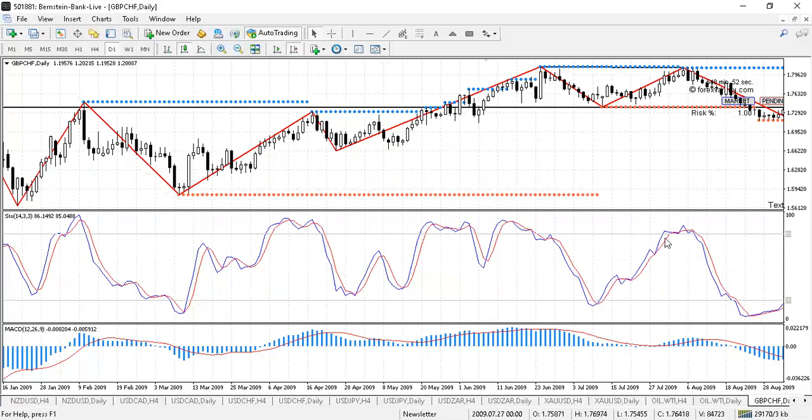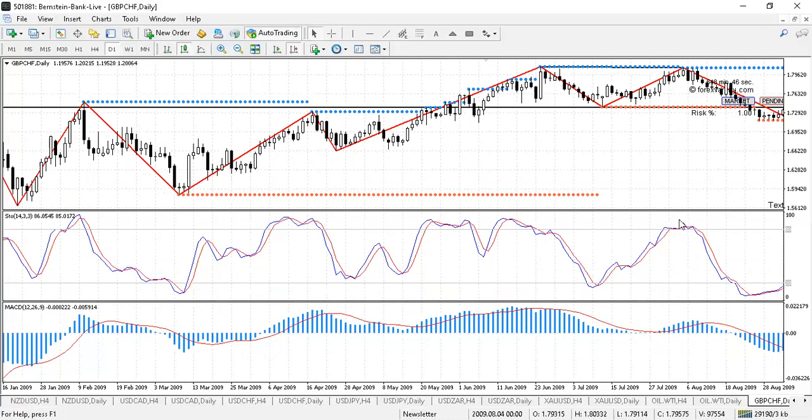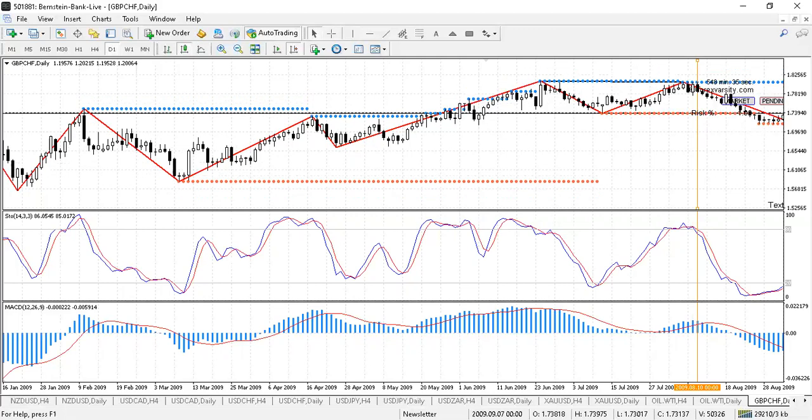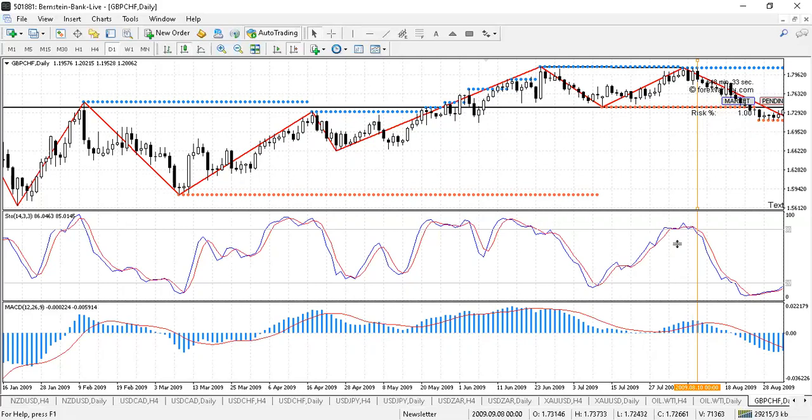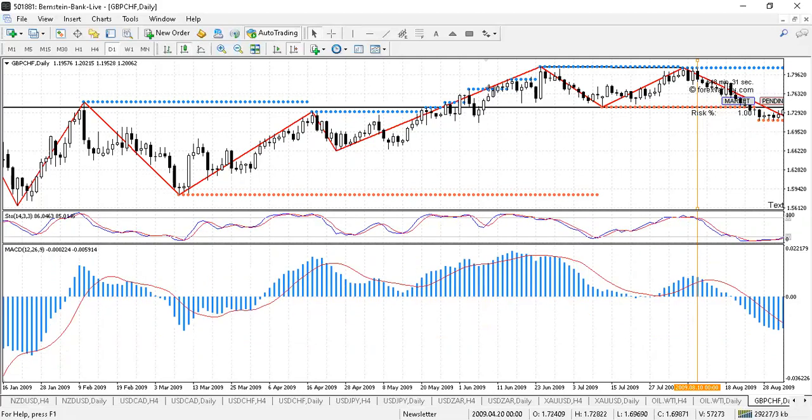So we could then speculate that it's going to be a double top. And when you see the stochastic then go back down through the 80 line, at that point we could look to actually enter the trade. The other thing that I would want to look at is my MACD, just to make sure that the peaks of the MACD are also dropping.